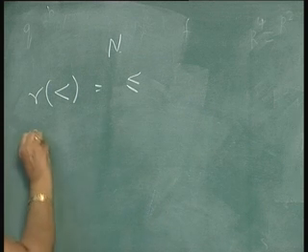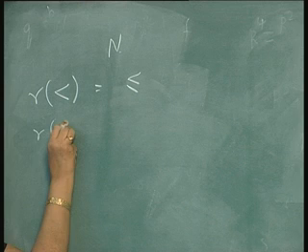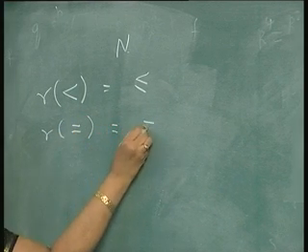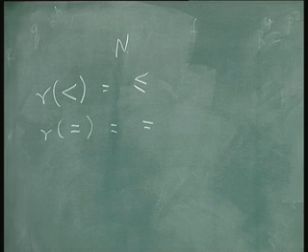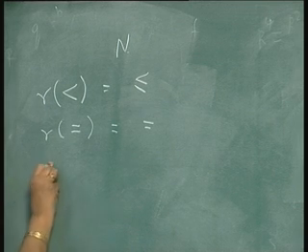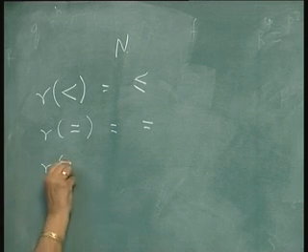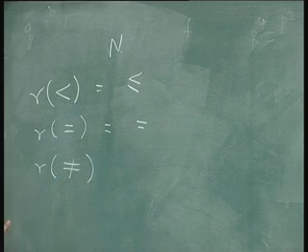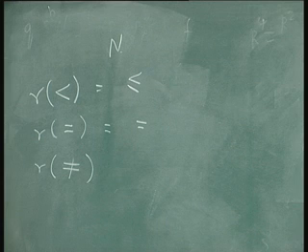What can you say about the reflexive closure of the equal to relation? It is already reflexive, so that will be equal to itself. What about the reflexive closure of the not equal to relation? There is a direct arc between two integers if they are not the same.